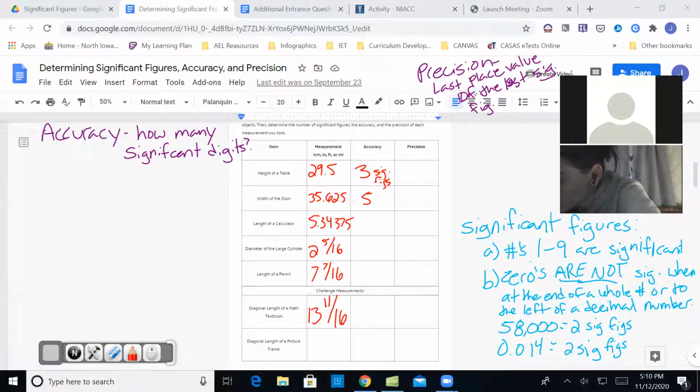This time we have 6 significant figures that we're accurate to. The cylinder, we were accurate to 5 significant figures.